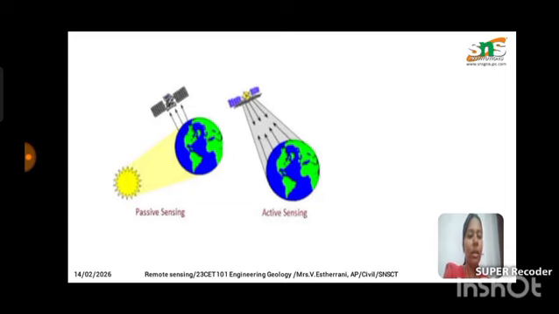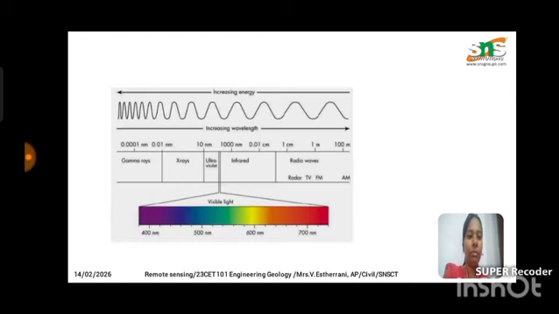After gathering all the information, the satellite transfers it to the data processing and data analysis area, and finally it is applied for a specific area. It is called remote sensing.